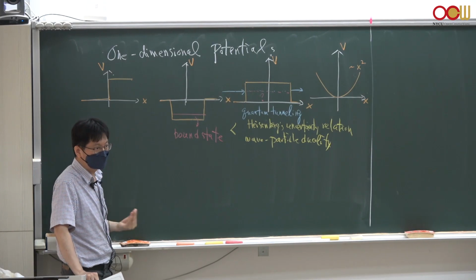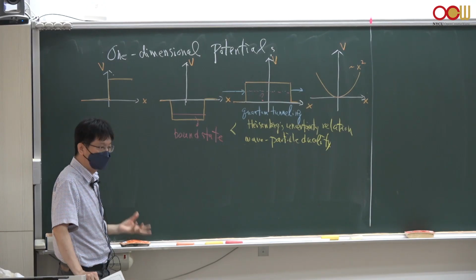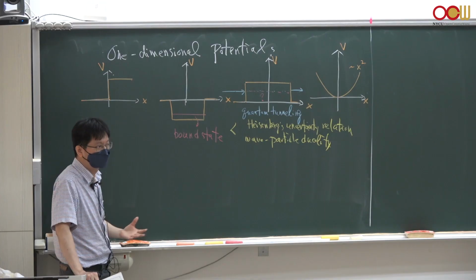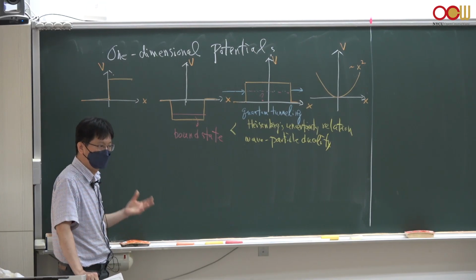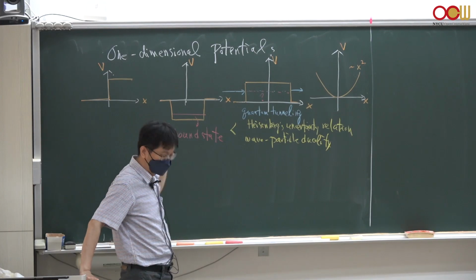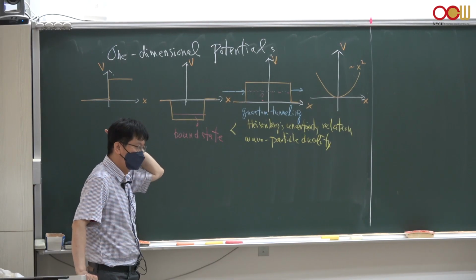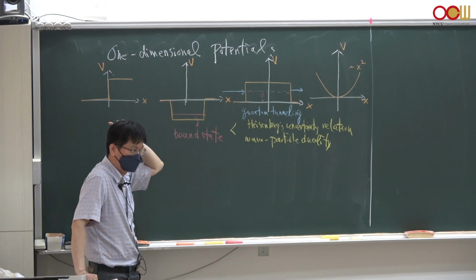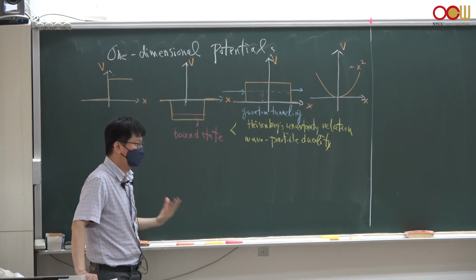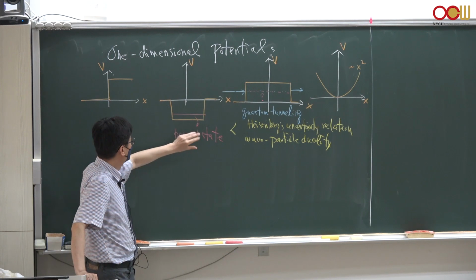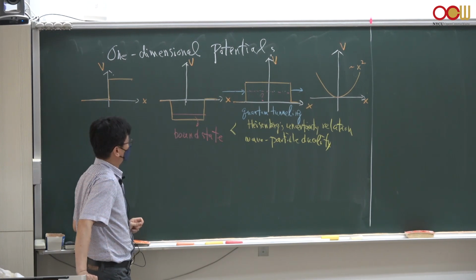Okay, so the bound states are very important quantum states that could explain many stable, complicated quantum objects such as molecules and some complicated chemical compositions that you learn from chemistry. So many stable quantum states are bound states, and we will learn the essence of bound states.